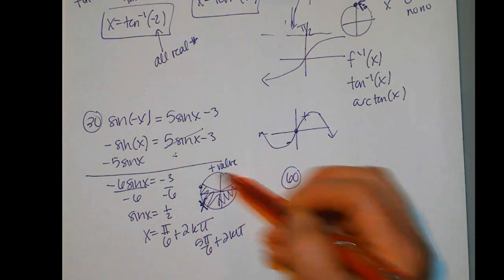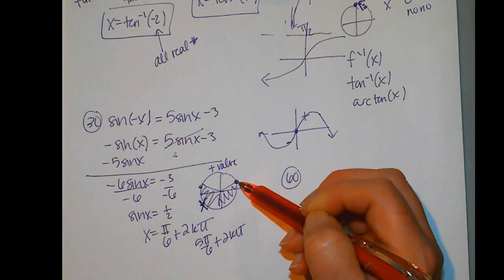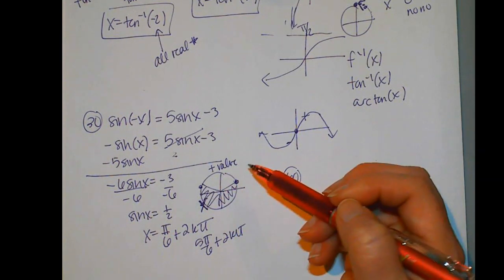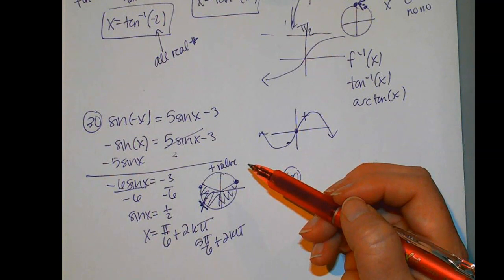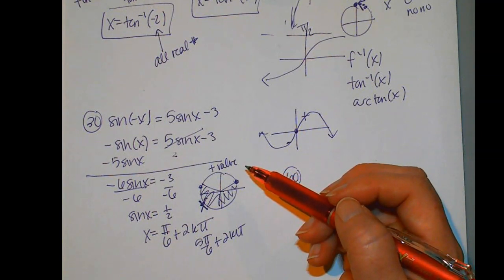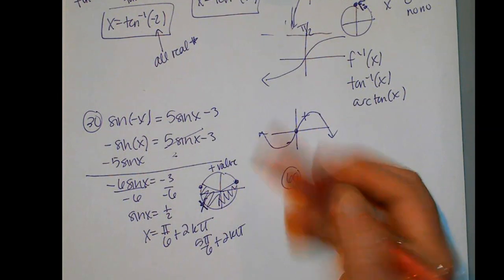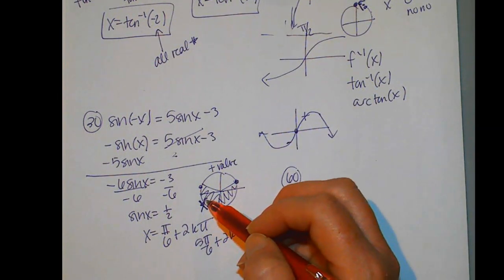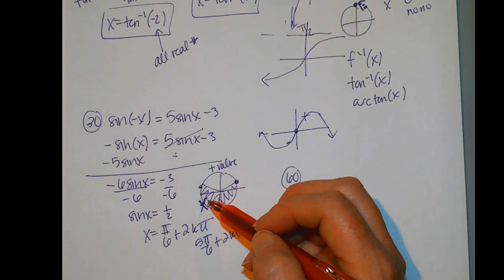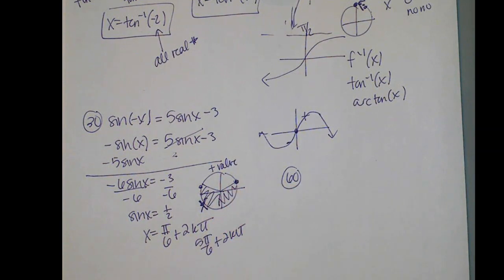This distance is shorter than this distance. You have to list them separately. Does that help? If it was just k pi, then you list one. If they're directly across from each other, you can just list the one. But that only happens when you have all four in sine. Or it's tangent, because tangent is the same sign in opposite quadrants.